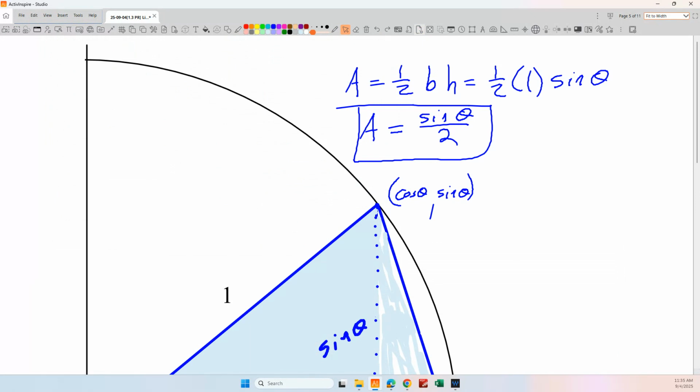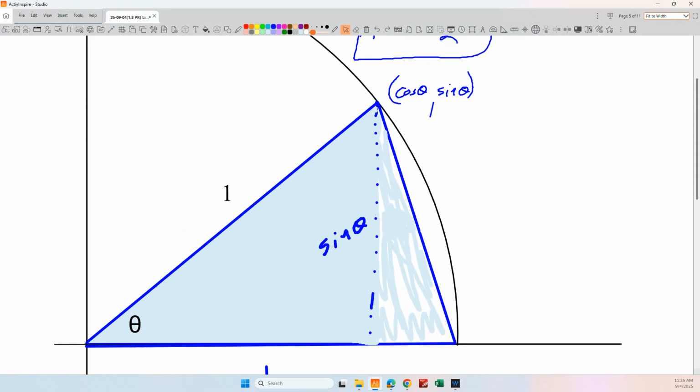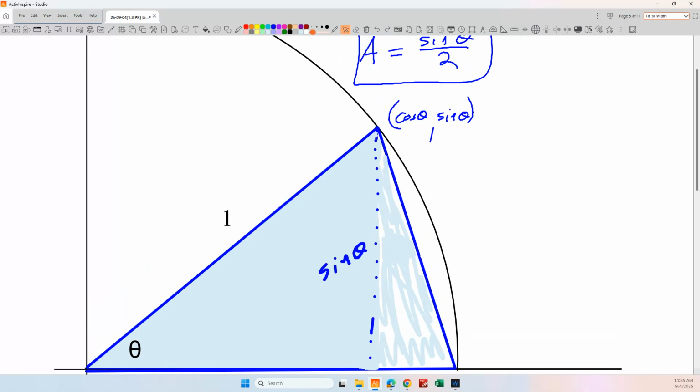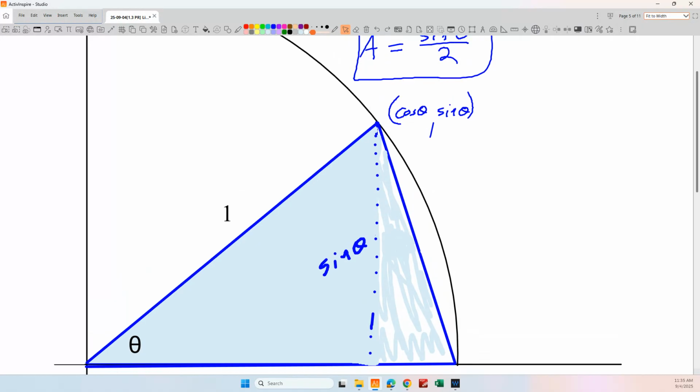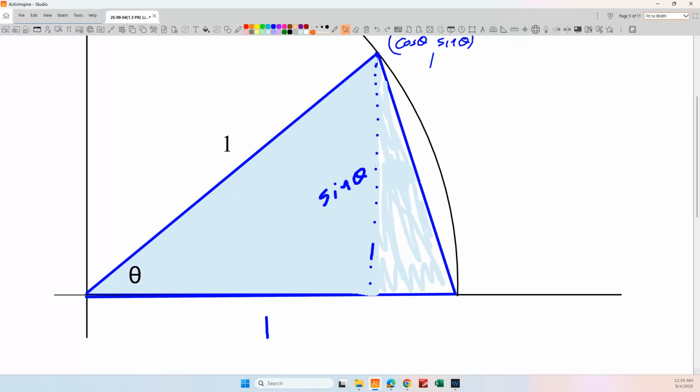So let's look at, this is going to seem pretty arbitrary, but on the unit circle, well, okay, there's my unit circle. I'm going to define some angle theta, and we're going to look at the triangle formed by the angle theta.